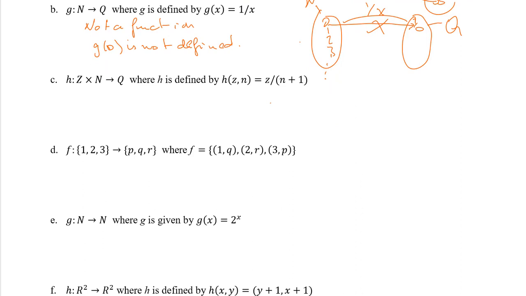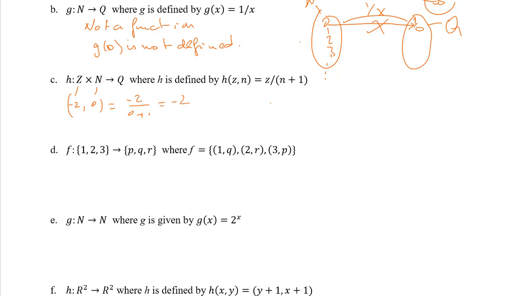So here I will take an integer z, and I will take also some natural number. For example, I could take -2 and 0, and the value will be a rational number: -2 over 0 plus 1, which is -2 over 1, which is just -2.